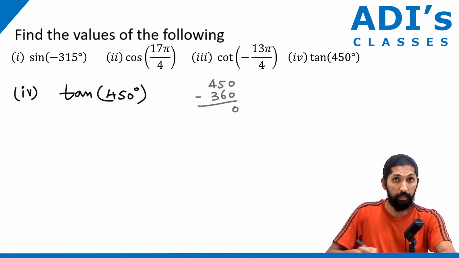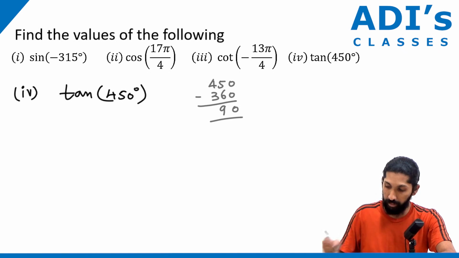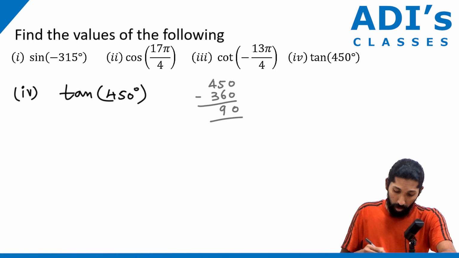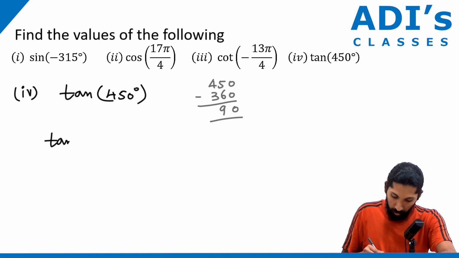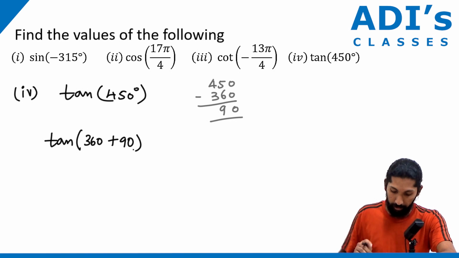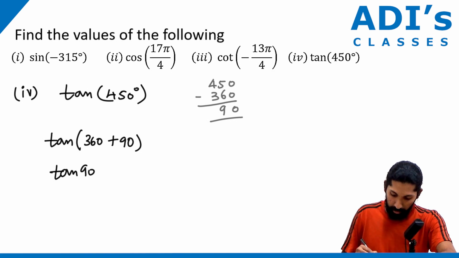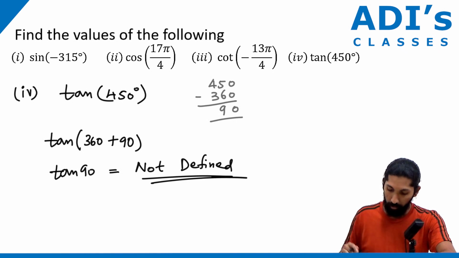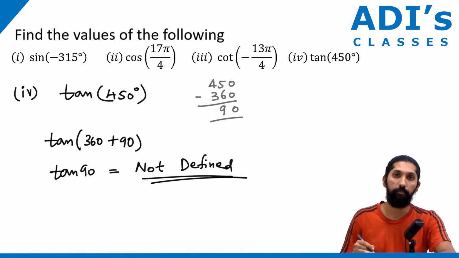So 45 minus 36 is 9. So what do we have? Tan of 360 plus 90. So tan 90. What is tan 90? This is going to be not defined. This is the answer for the fourth one.